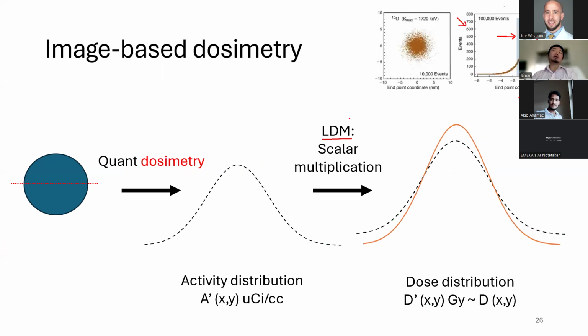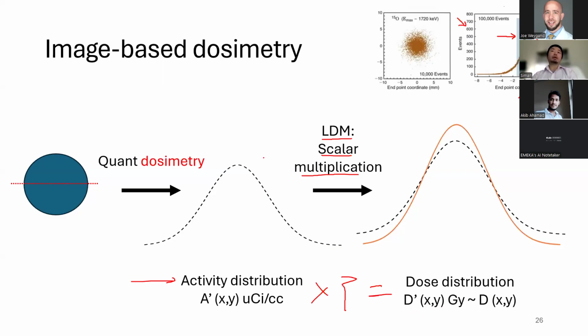So the idea of the local dose deposition method is that, since 90% plus of the dose is absorbed within a voxel, let's just apply a scalar multiplication. In this case, what you see is what you get: the activity distribution, you multiply it by a scalar factor, and it becomes the dose distribution, right?